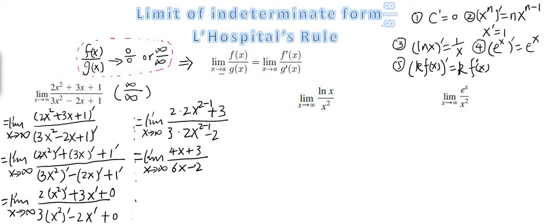Okay, so if we check this rational expression, when x approaches infinity, the numerator approaches infinity, and again plug in x approaches infinity, here we can see the denominator also approaches infinity. Okay, again it is infinity over infinity, so that means we can use L'Hopital's rule again.